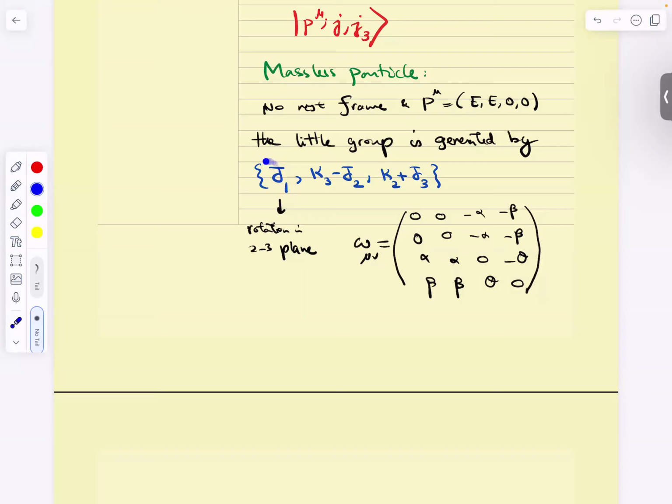So that's J1, that's obvious. What are the guys that keep this fixed? You could convince yourself of. Here's my attempt at doing it. I suggest that you think about these Lorentz transformation matrices: K3 minus J2 and K2 plus J3. These are the guys that fix this vector.